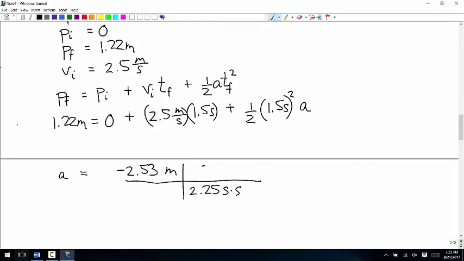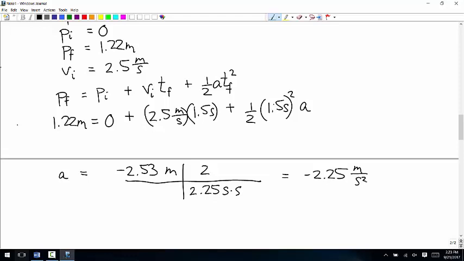Seconds times seconds, and then the 2 is in the numerator. And so what's 2.53 times 2 divided by 2.25? It's like 2.25 is the answer. Negative 2.25. Okay, that makes sense, I guess.